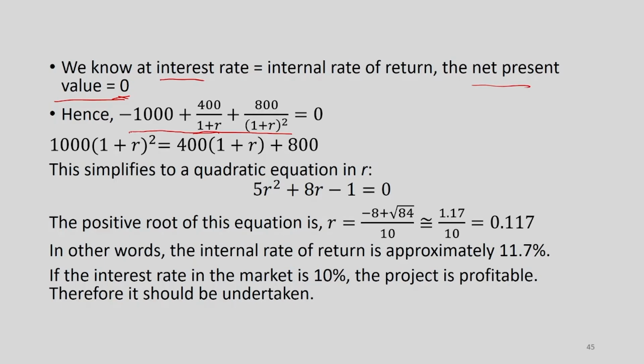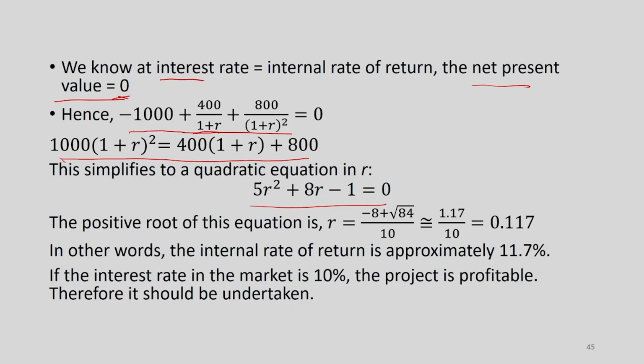Now, the next step is just to try to simplify this. I can multiply both sides of this equation with (1 plus R) whole square. So, I will get this, and it can be simplified further, and it gives us a simple quadratic equation in R: 5R square plus 8R minus 1 is equal to 0.